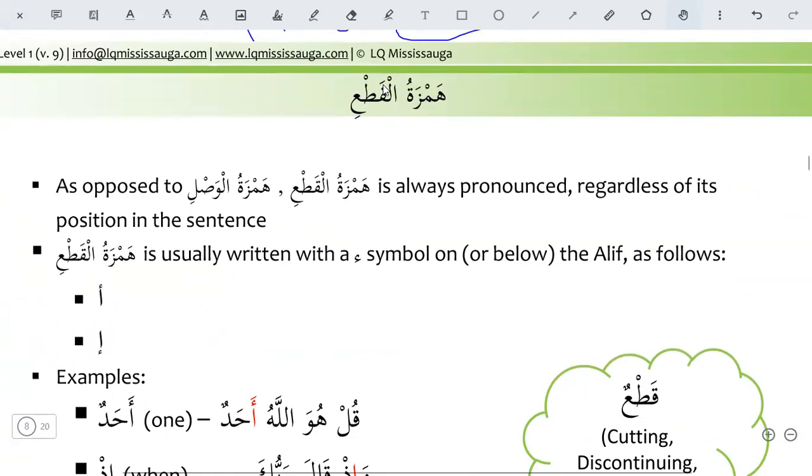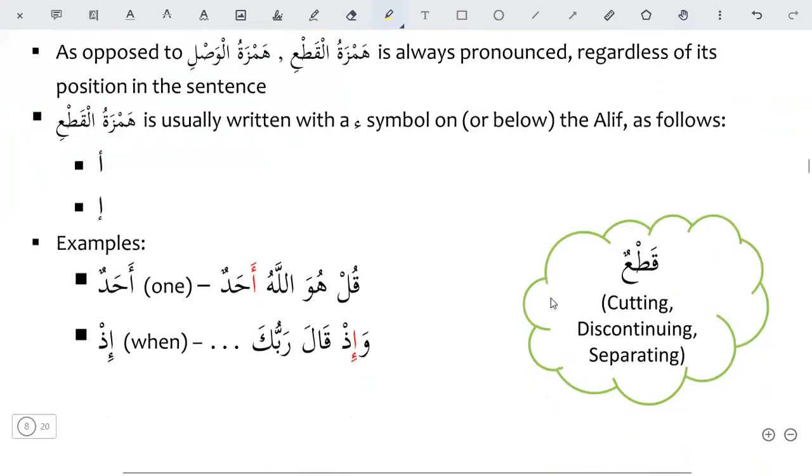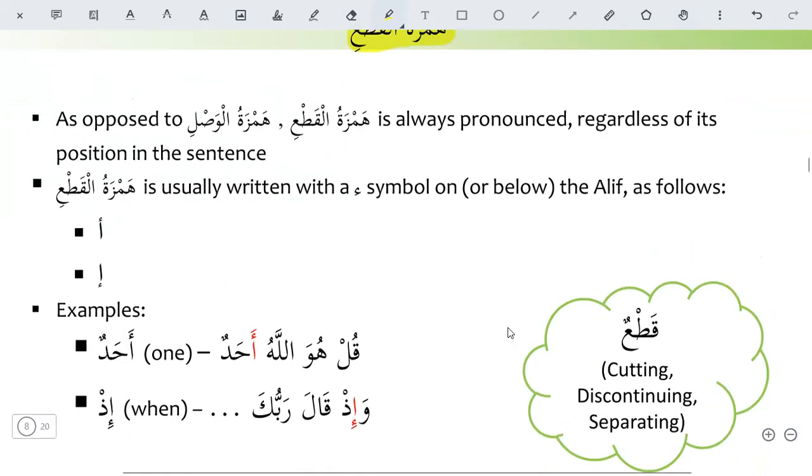What is Hamzatul Qat'i? Hamzatul Qat'i means cutting, discontinuing, separating. As opposed to Hamzatul Wasl, Hamzatul Qat'i is always pronounced.